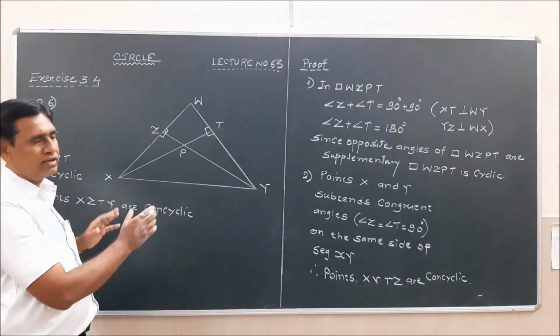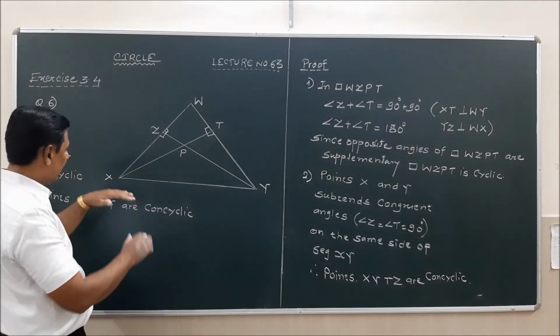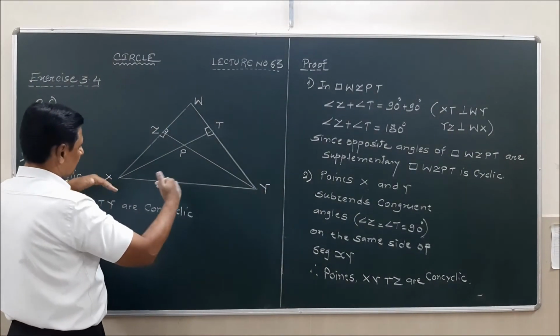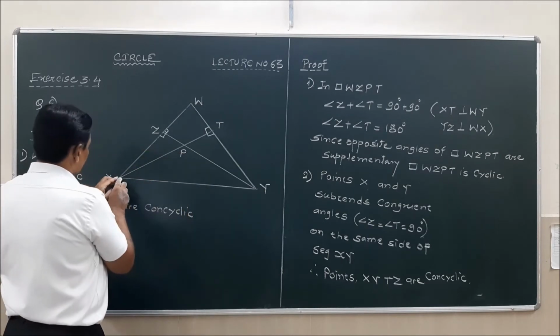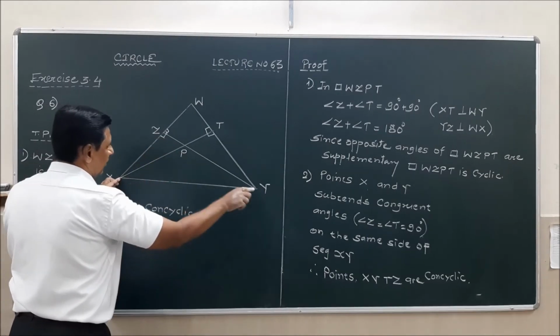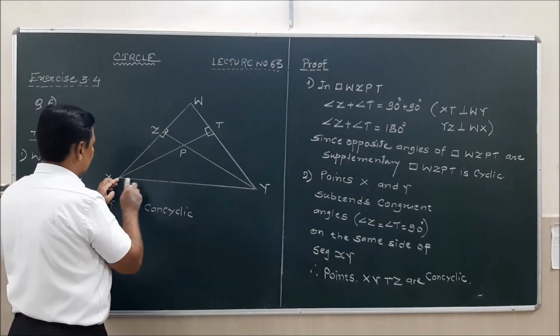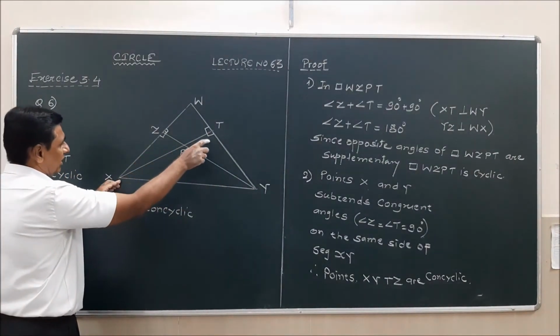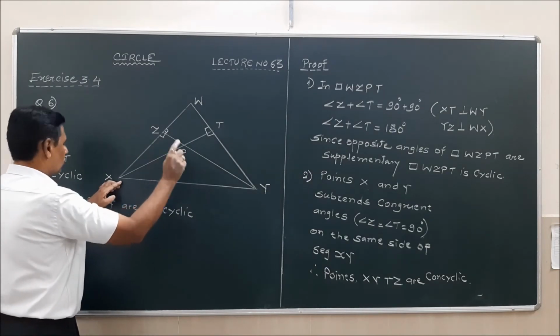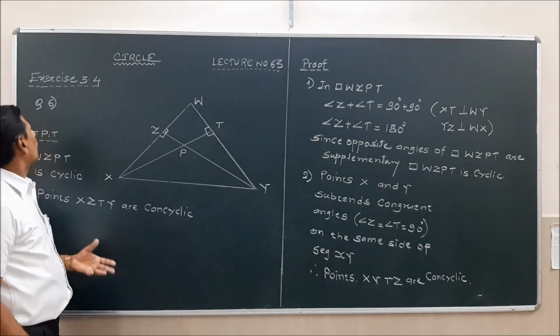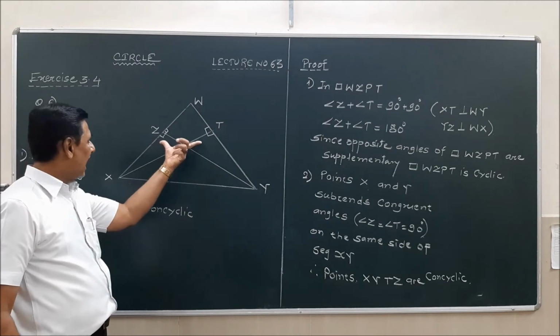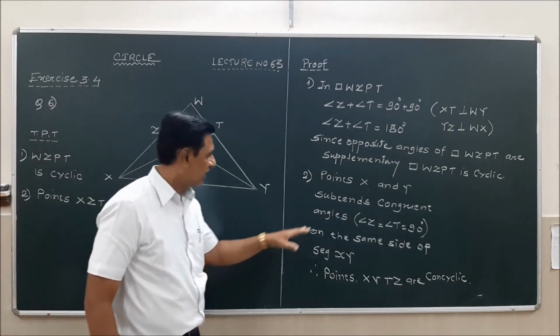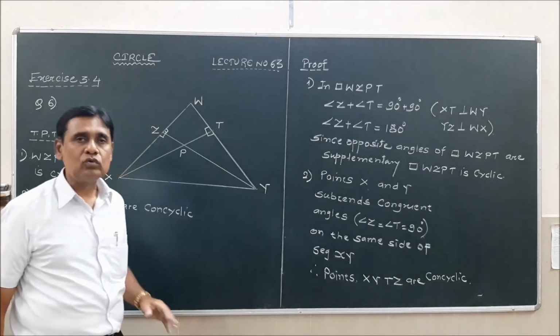Simply, I have drawn the figure and I explain it. XY is any segment, and X and Y have subtended angle Z as well as angle T, each of them 90. They are congruent, and as they are congruent, the points are concyclic.